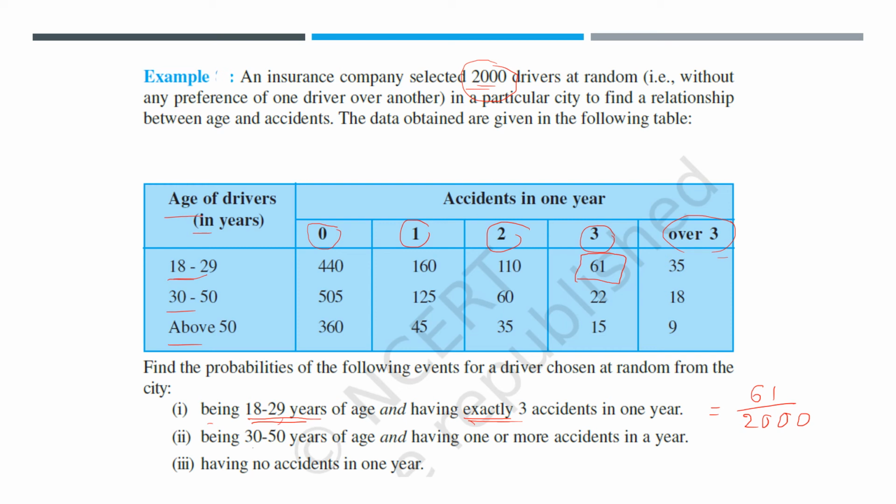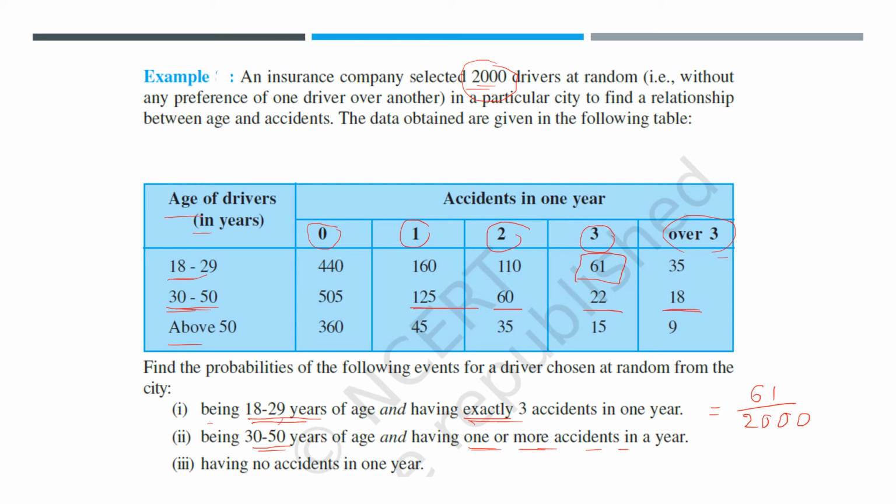Being 30 to 50 of age and having 1 or more accidents in a year. So being 30 to 50 years, and here 1 or more accidents. So 1, 2, 3 and above 3.